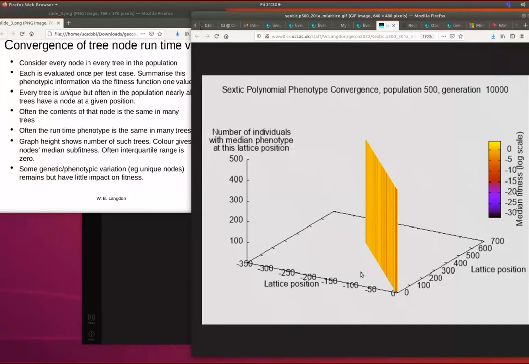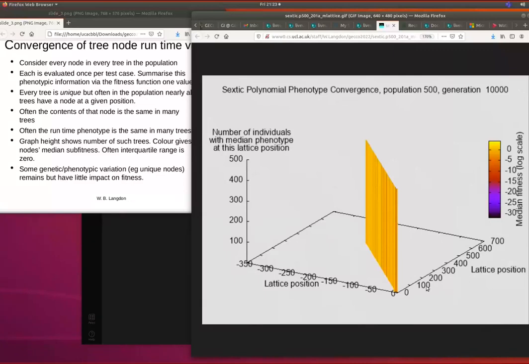So the trees are projected in the XY plane, and then the vertical axis is the number of individuals in the population which have the same phenotype at this particular point in the tree. The colors indicate the phenotype.